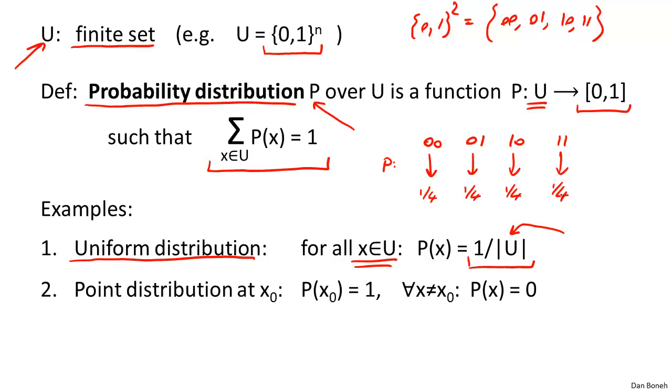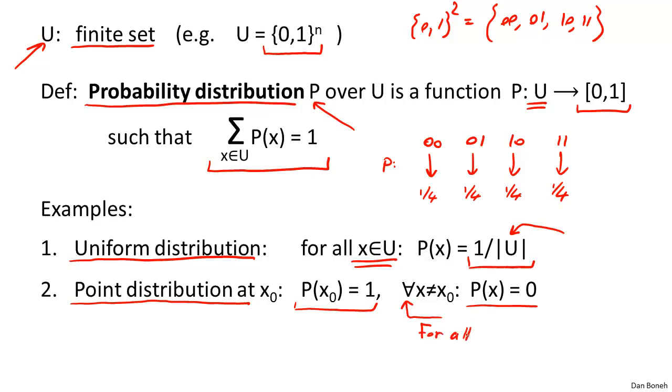Another distribution that's very common is what's called the point distribution at the point x0. What this point distribution does is basically it puts all the weight on a single point, namely x0. So here we assign to the point x0 all the weight, 1, and then to all other points in the universe, we assign the weight 0. And by the way, I want to point out that this inverted A here should be read as "for all".